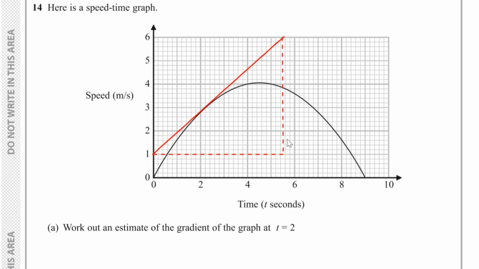Here the change in y, we are going from 1 to 6, so the change in y is equal to 5, and the change in x is equal to 5.5.